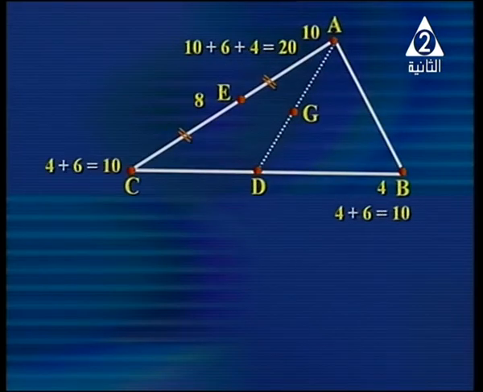Then look at ABC. Point A has 10 plus 6 plus 4 equals 20. Point B, 4 plus 6. We distributed the mass about A, B, and C. Also C, 4 plus 6 equals 10.